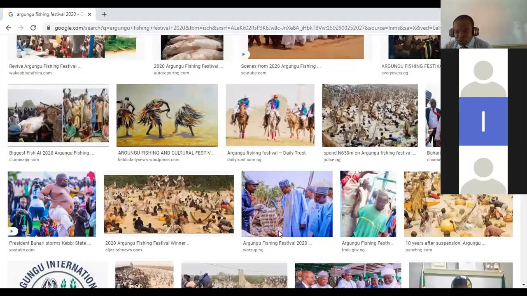If you look at this picture, President Muhammadu Buhari is participating in that fishing festival. So this is Argungu Fishing Festival. That's just to explain to you that fishing is also a sporting activity.